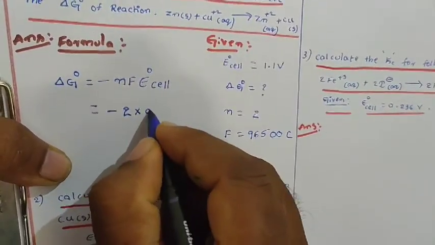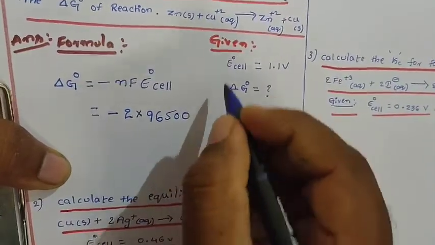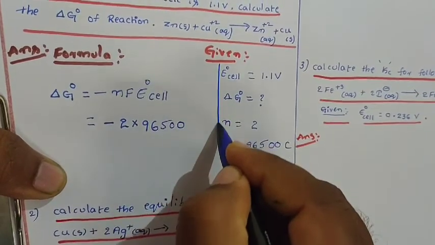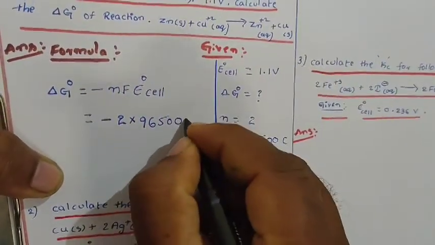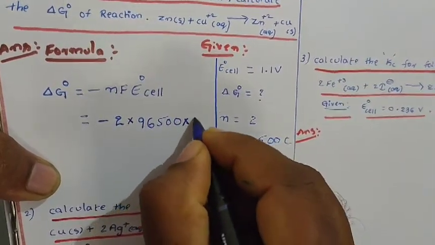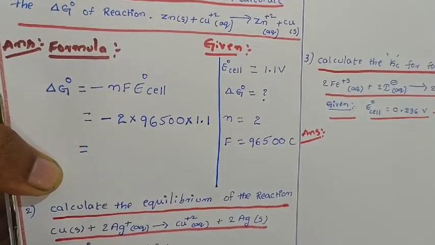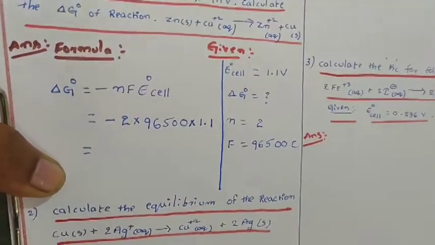F value is equal to 96,500 coulombs. Substitute the 96,500 coulombs. Then E naught cell, what is the value of E naught cell? The value of E naught cell is equal to 1.1 volt. So multiply this one and you will get the answer.